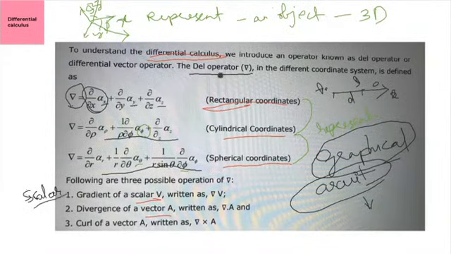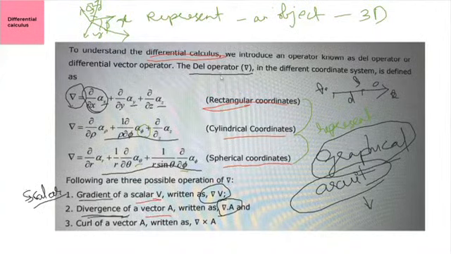So when you apply the del operator to the scalar, it is shown as this. When you apply the del operator to a vector, then you call it what? Divergence.